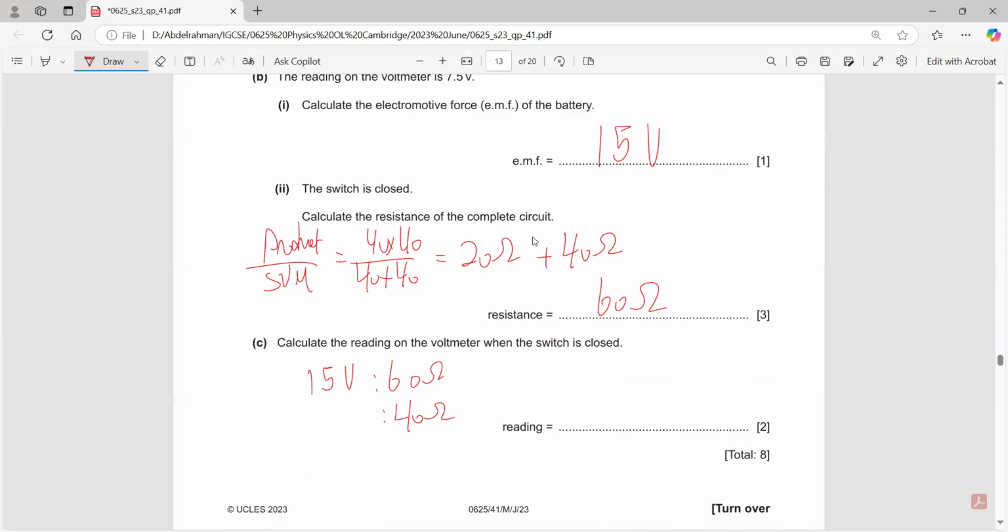Can I cross multiply? I guess I can. So 40 times 15 divided by 60 would also give you a reading of 10 volts. So you can use either way. This might be a bit easier if the numbers were much more difficult.